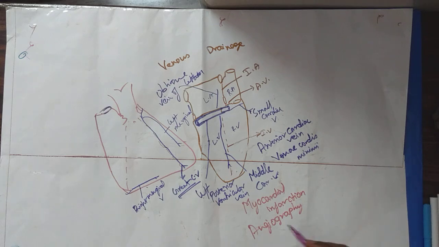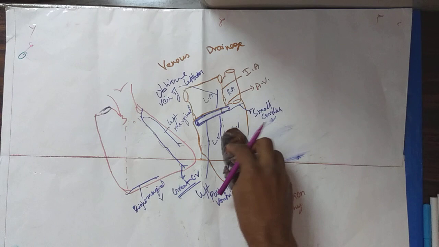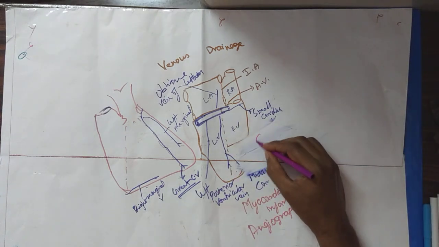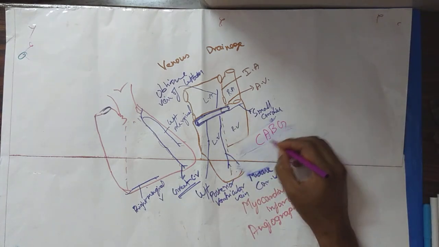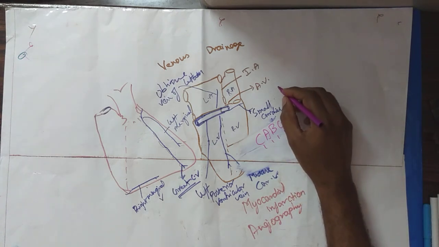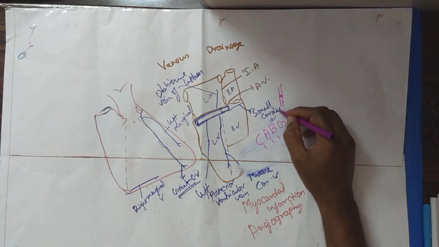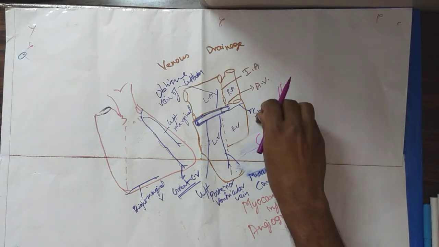And apart from that, you have one more thing called bypass grafting, shortly called CABG. What is CABG? Coronary artery bypass graft. It's something like bypassing. If this is the vessel which is blocked, then the myocardium inferior to this point doesn't have its blood supply.